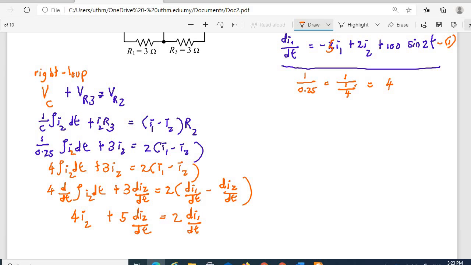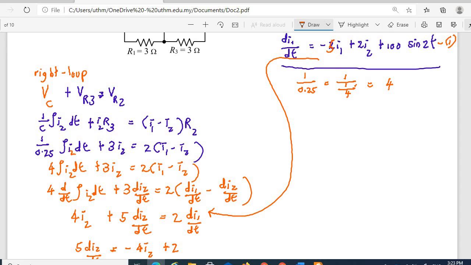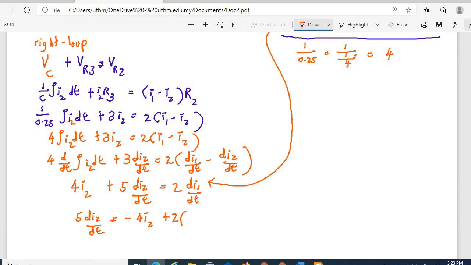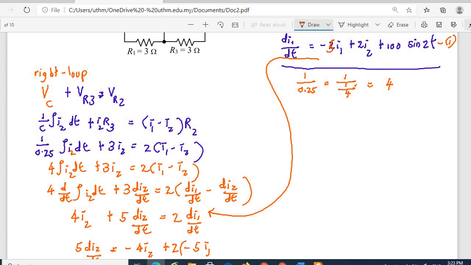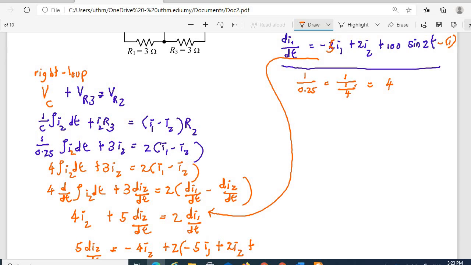And then you plug in dI1/dt here. So you have 5 times dI2/dt. Bringing 4I2 to the right side is minus 4I2 plus 2 times dI1/dt that we obtained just now, negative 5I1 plus 2I2 plus 100 sin 2t.